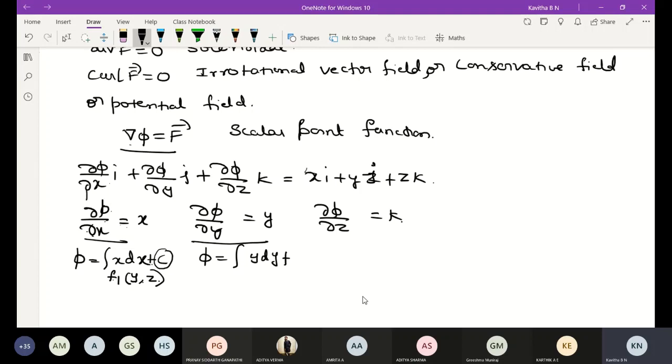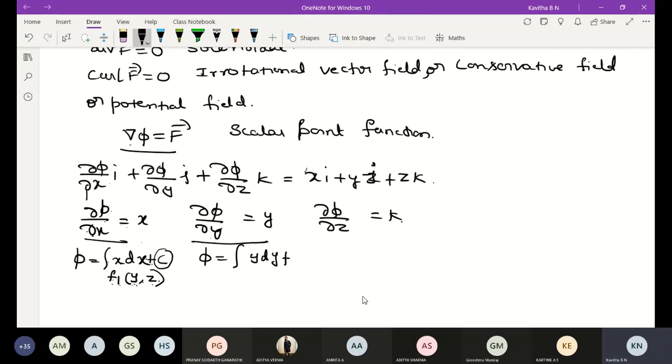This concept understood? Del phi by del x is equal to x, integrating with respect to x we get integration of x dx plus f1 of y comma z. Y comma z is a constant term only, that's why in place of c we are writing f1 of y comma z.